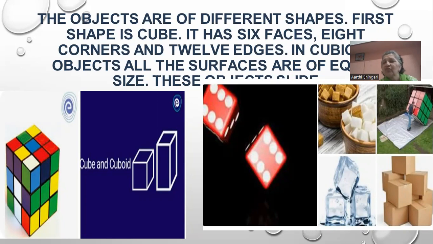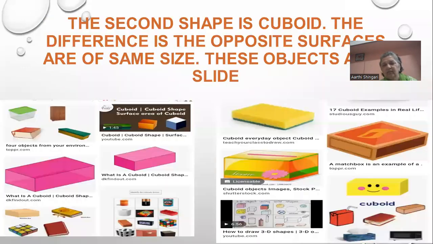So first shape is cube. It has 6 faces, all are plane faces, 8 corners and 12 edges. In the cubical objects, all the surfaces are of equal size. And these objects, I told you, they have plane surfaces, so they can slide.